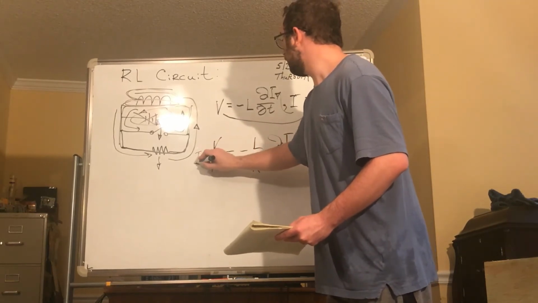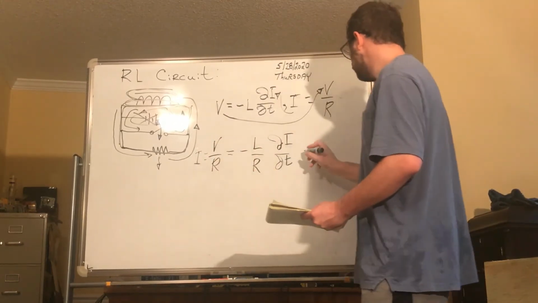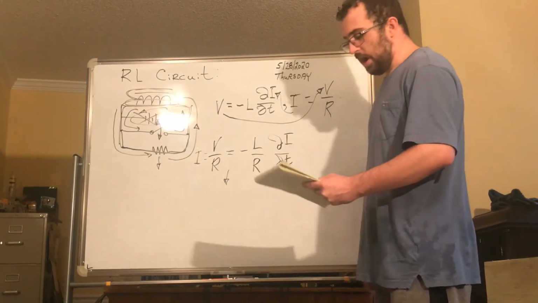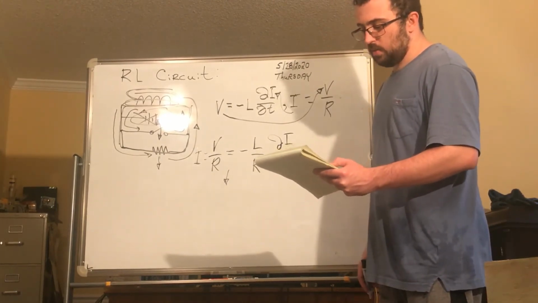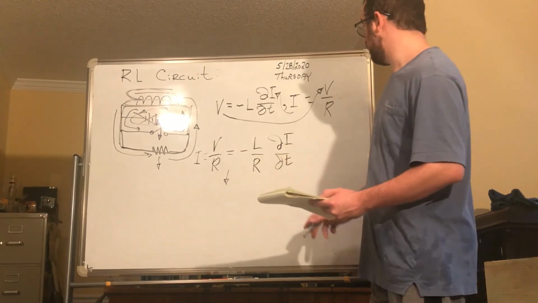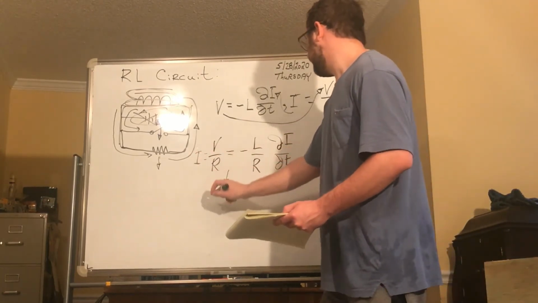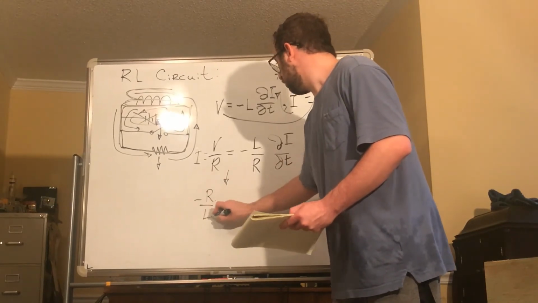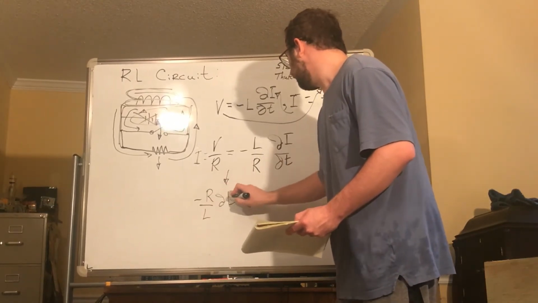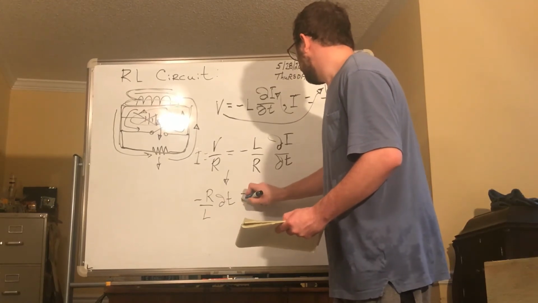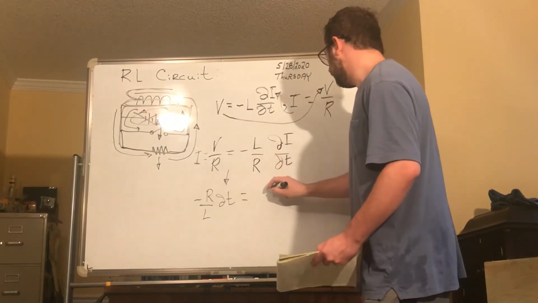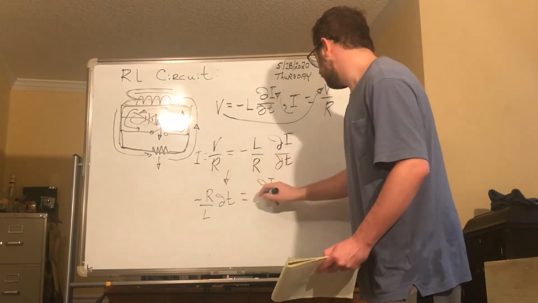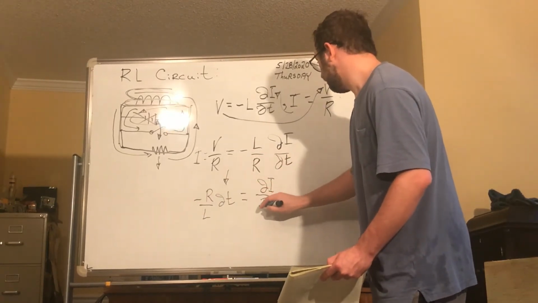So it seems we have a first order problem here, but it can be rewritten very similarly as the following problem. We can take the L over R and bring it to this side, so we have minus R over L. We can multiply dt on this side, and then that would give us di alone. And then we would normally have an I over here, but instead we divide it over there.